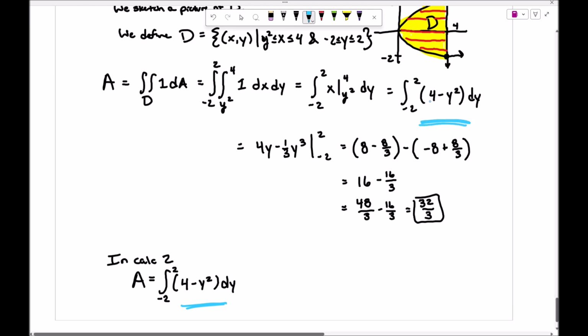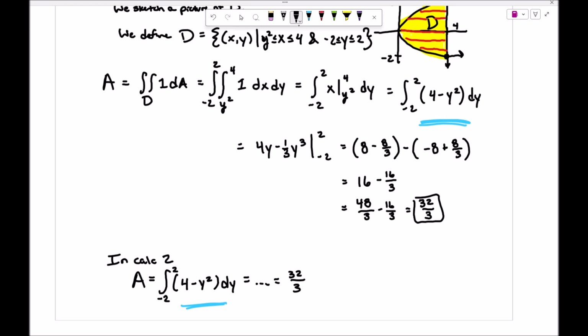This is actually what's so cool about this idea of a double integral helping us set up and find the area of a region. It's really just an extrapolation or a generalization of the ideas that we covered in Calc 2. So we can obviously say here that this should evaluate out to be the exact same area of 32/3.